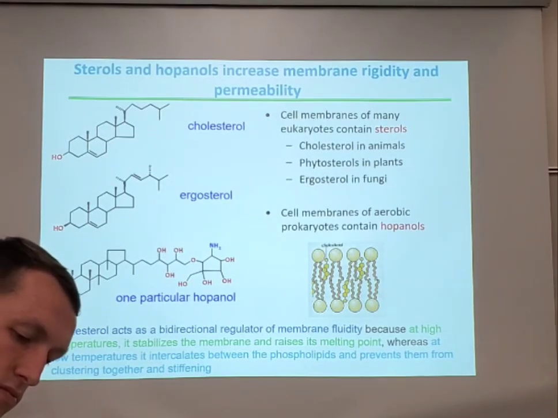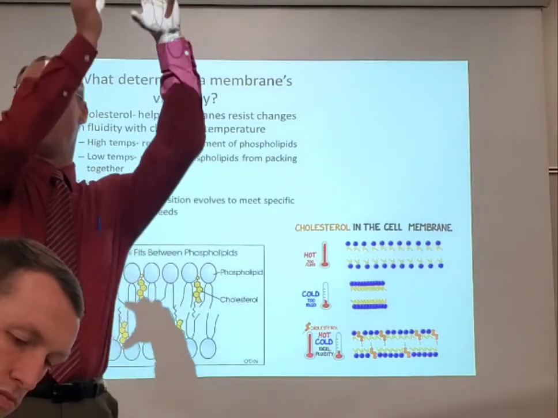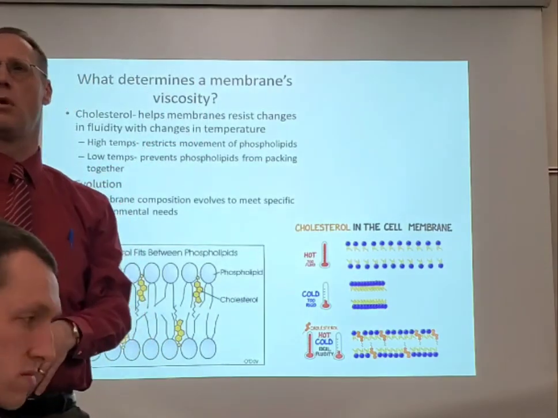Okay? At lower temperatures, it also helps intercalate between there and prevents the phospholipids from clustering together and getting too stiff. Okay, so it has both a good and bad. It's sort of the magic bullet here. It's like, oh, protect me if I'm too hot, protect me if I'm too cold.